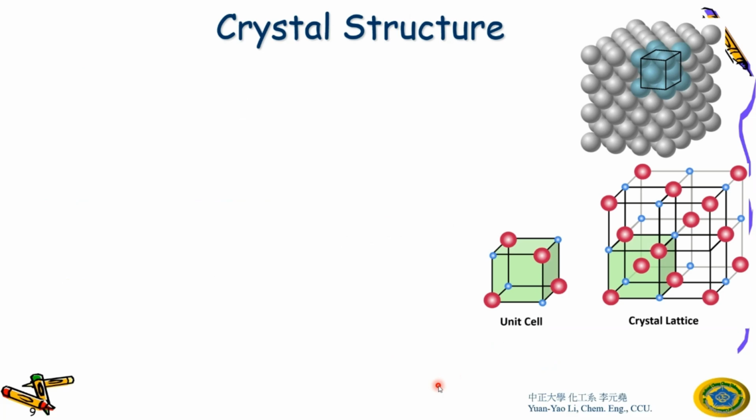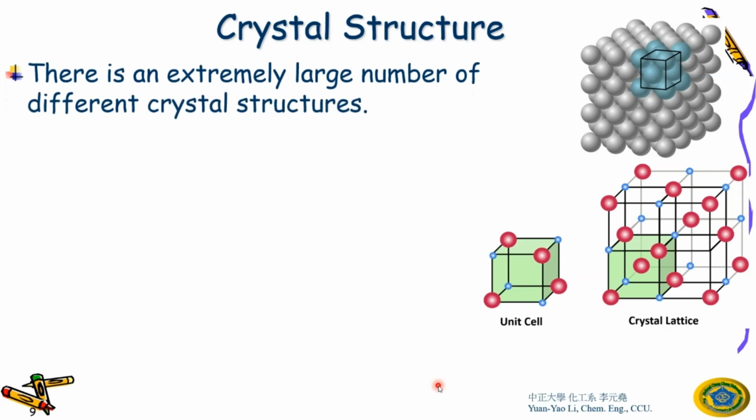Right. Now, once we know what a crystal is, let's go into a little more detail about the crystal structure. What is the crystal structure? There is an extremely large number of different crystal structures. When we talk about metals, there are many different types, and when we talk about ceramics, they are more complicated.